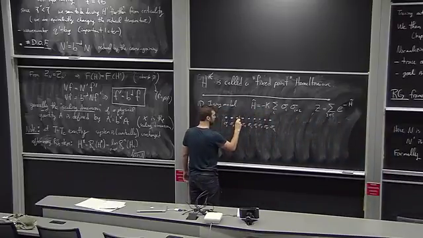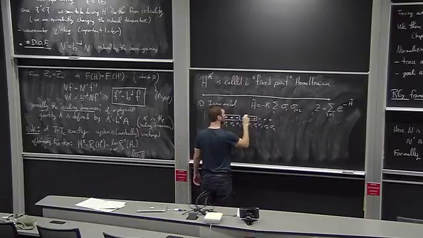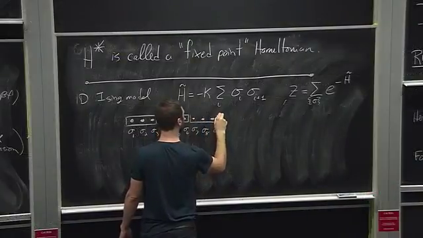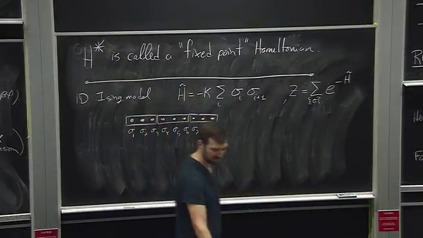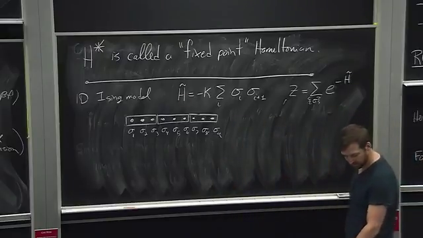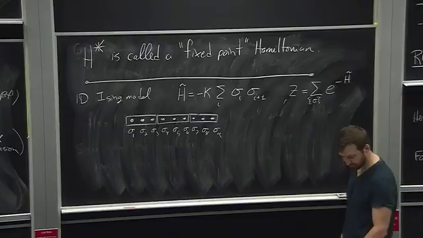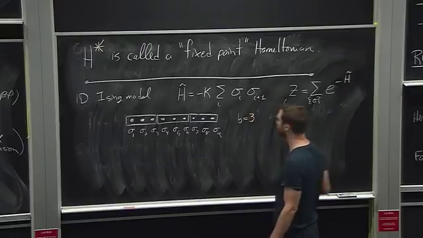And let's choose blocks of size 3. You can do 2. Maybe you will do 2 on an assignment. I don't know, I haven't written it yet. So this is your b. b equals 3.